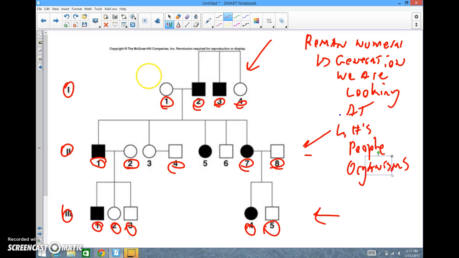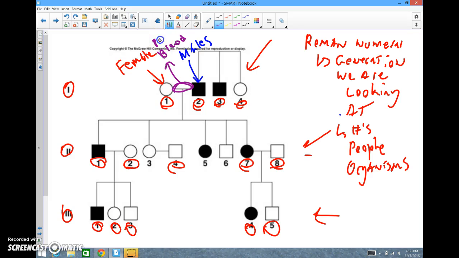Now, let's actually get into the symbols, all right? So circle, so like right here, that is a female, okay? Square, right here, those are males, all right? A line like this implies that that female and that male are breeding, all right?